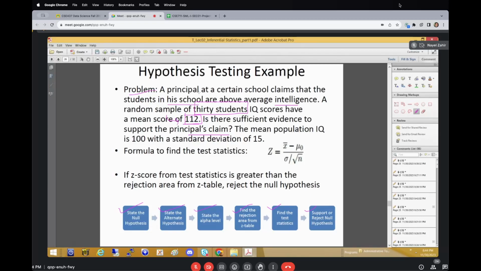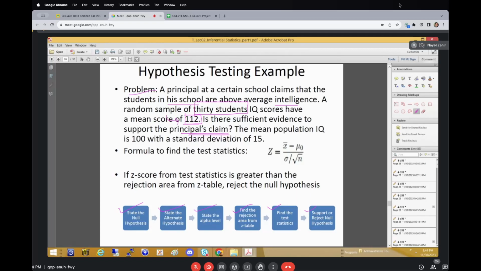So whether the principal's claim, or we can say the principal's hypothesis, that the average IQ score of his students is higher than the average IQ score of other students, is true or not. That's why it is asked, is there sufficient evidence to support the principal's claim?